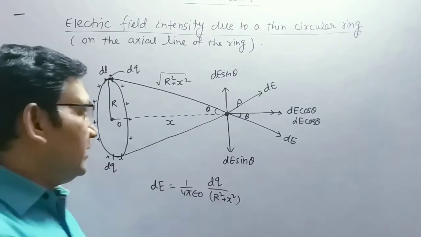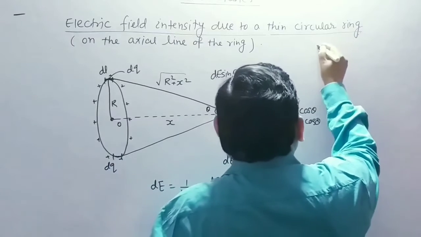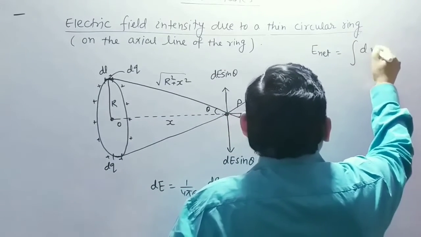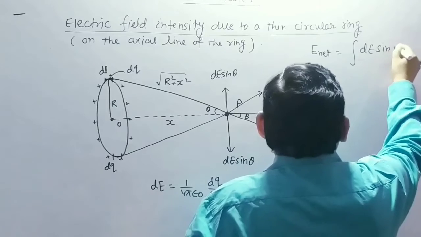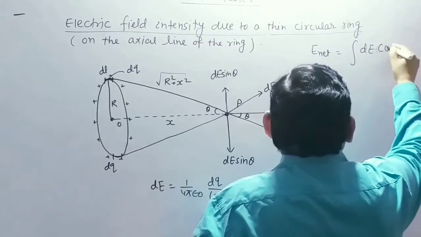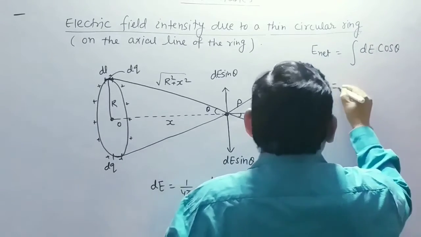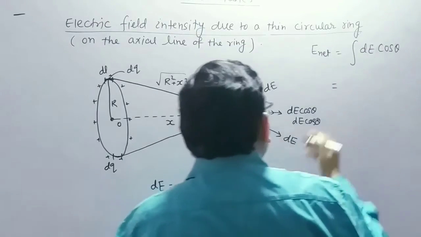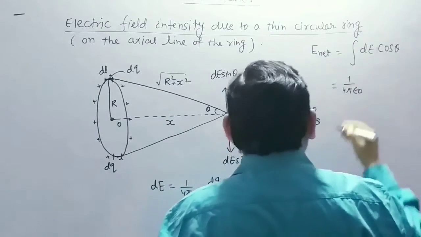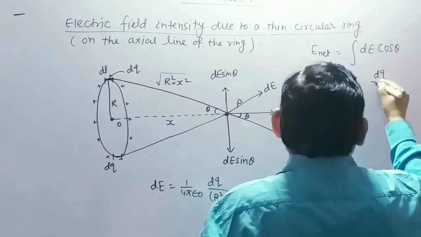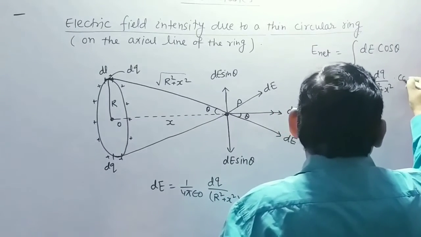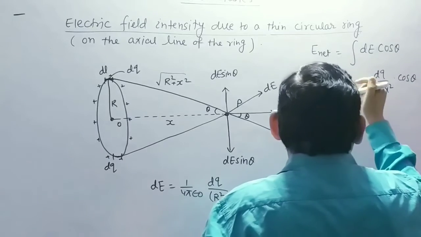So one can write the net electric field as the integration of dE cos theta. And the value of dE we know, so one can write 1 by 4 pi epsilon, dq over r square plus x square, into cos theta.